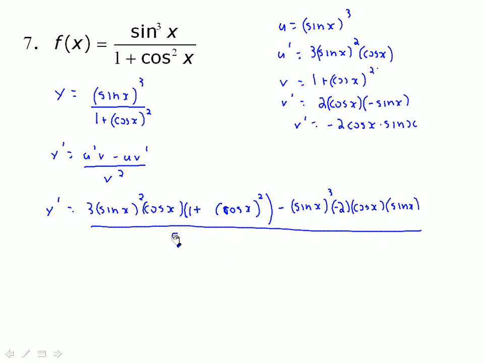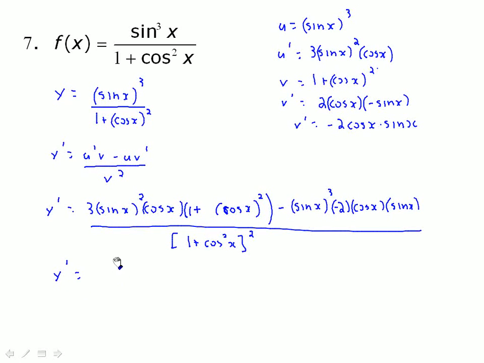So that's going to be, in a big old bracket, 1 plus cos. I'm going to write this as cos squared x, because really that doesn't need to do anything more. So it's all squared. Now, anytime that you combine the quotient rule with the chain rule, such as we have done, you will have to factor out or take out a common factor.